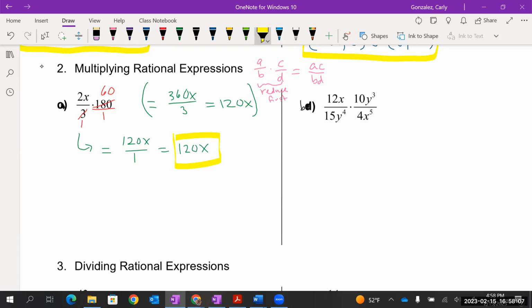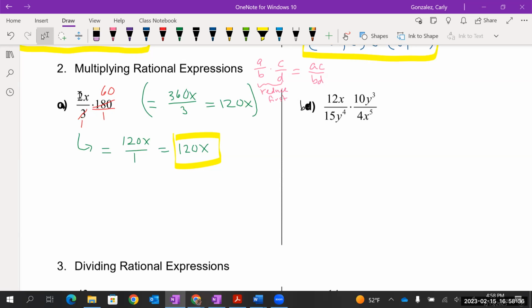So notice in this situation, it didn't matter if we multiplied straight across and then divided, or reduced first and then multiplied straight across. From now on, I'm going to mostly do this method where we reduce first, because when our expressions get more complicated, it's very important to make those quantities smaller before we make them bigger and more complicated.